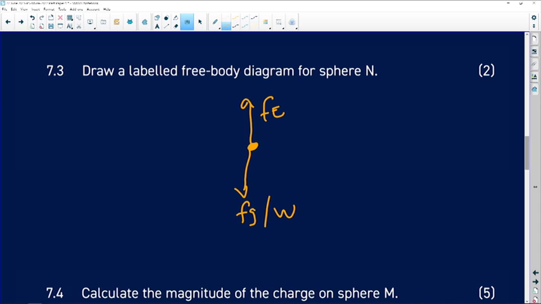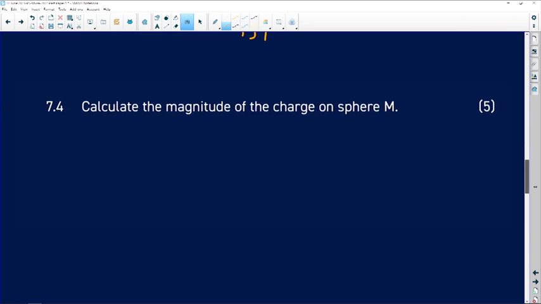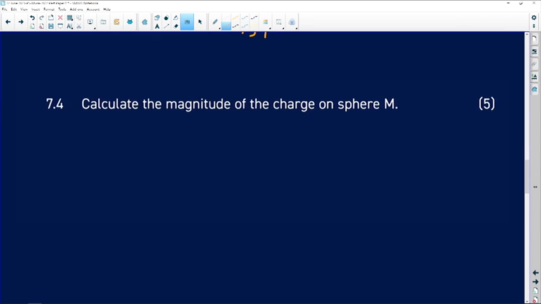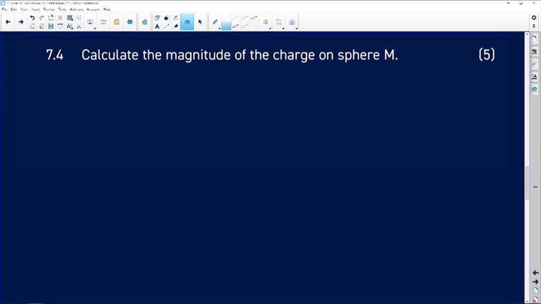Let us go to question 7.4. Now we are calculating the magnitude of the charge on sphere M. What do we know?